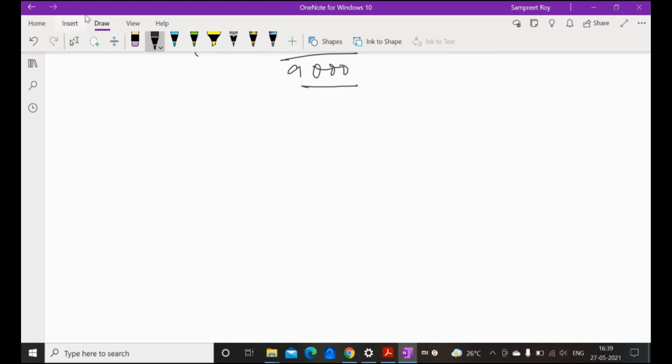Now, first of all, leverage. What is this term leverage? What is the meaning of this term?